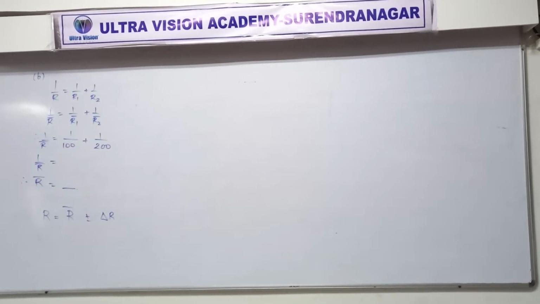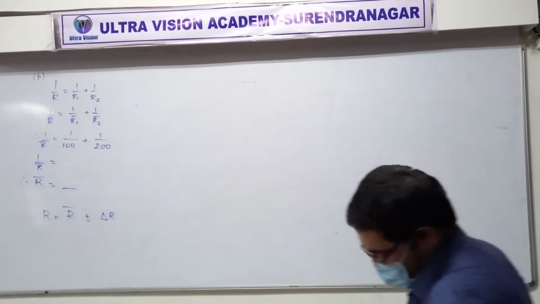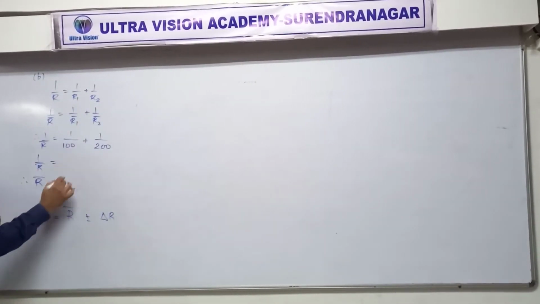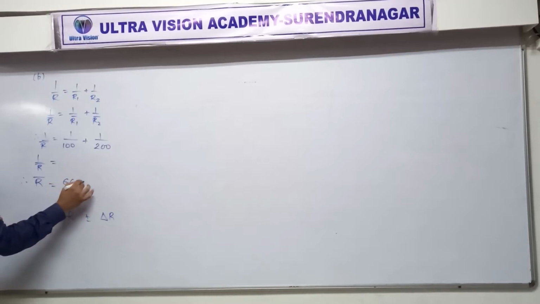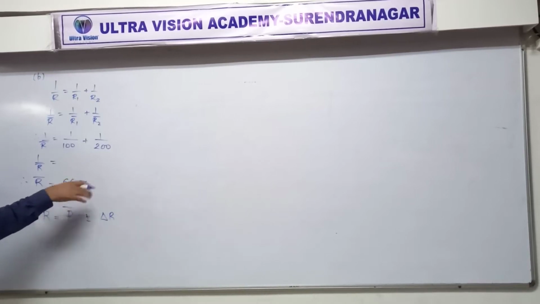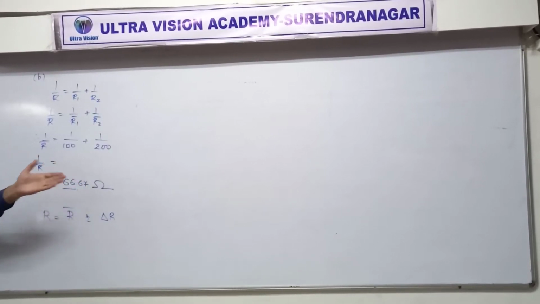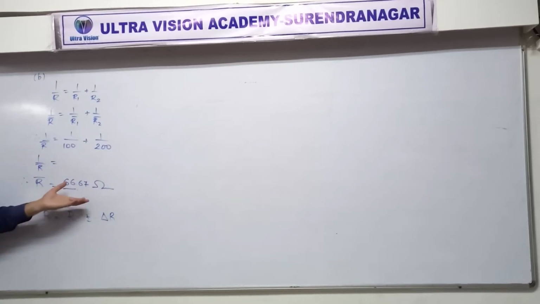Put the unit. So I think many of you have done it now. You are getting R bar as 66.67, or 66.7 if you round it off, and the unit will be ohm. Now I'm asking you honestly so that I can teach you how to do it. How many of you could not get to this step? Raise your hand.